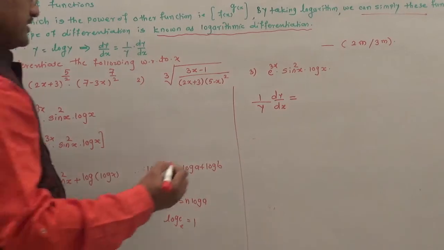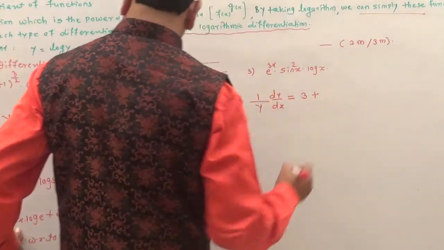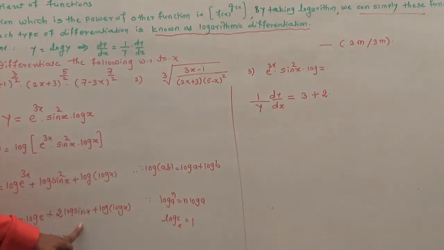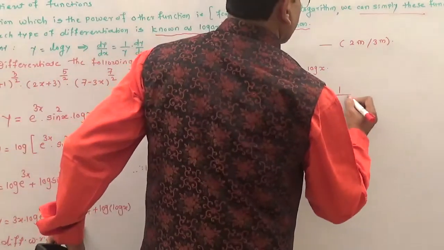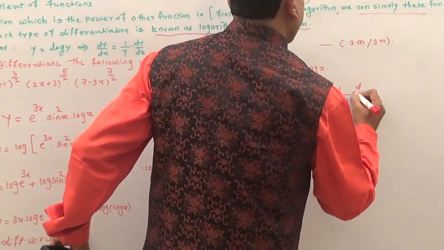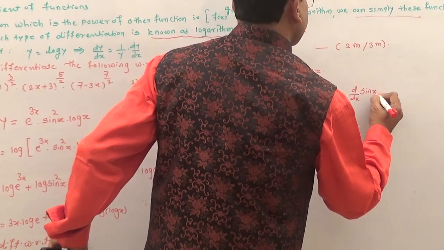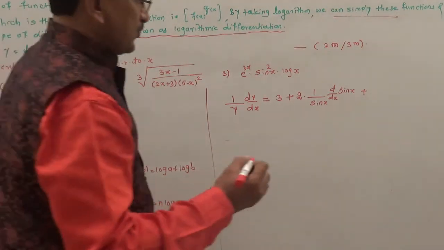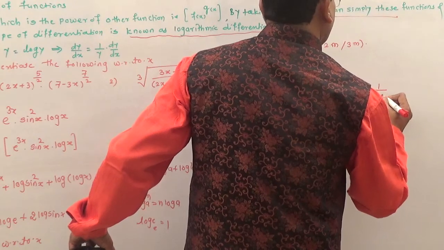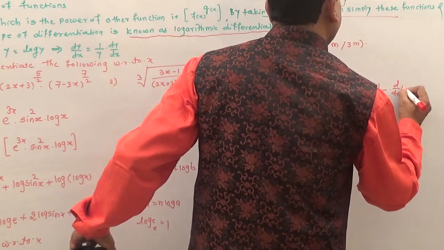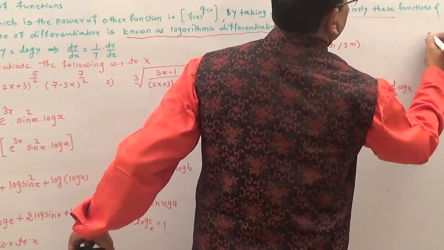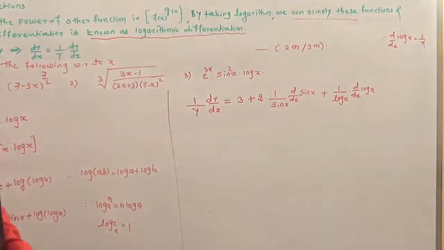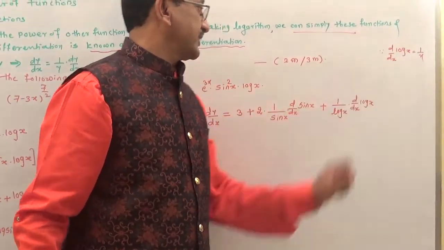So derivative of 3x is 3, plus 2 into derivative of log of sin x is 1 upon sin x into derivative of sin x, plus derivative of log is 1 upon log of x into derivative of log x, because you know the formula: derivative of function log of x is 1 upon x.